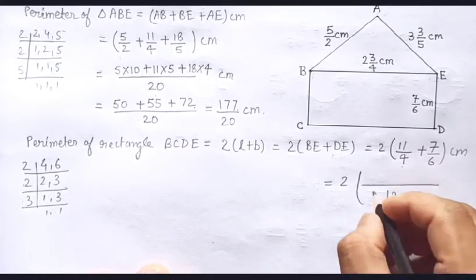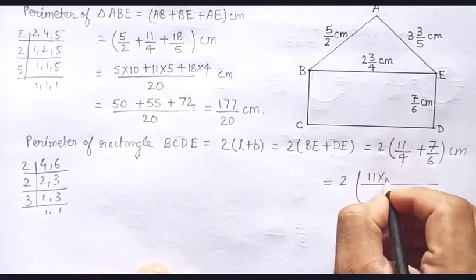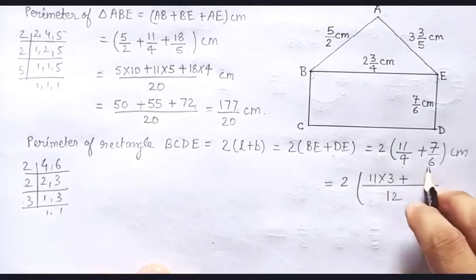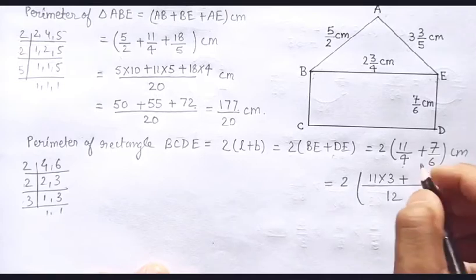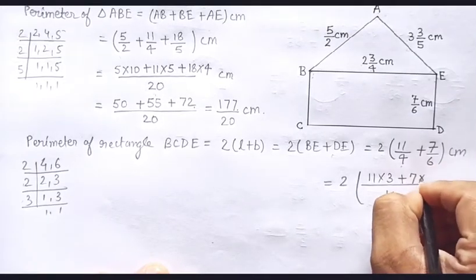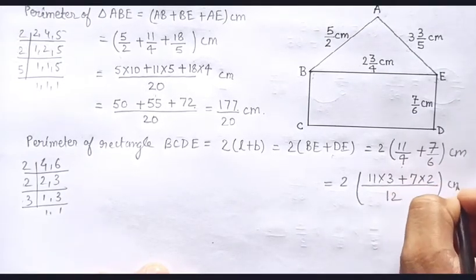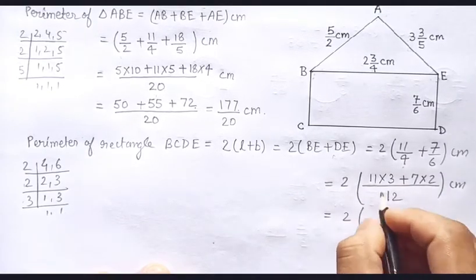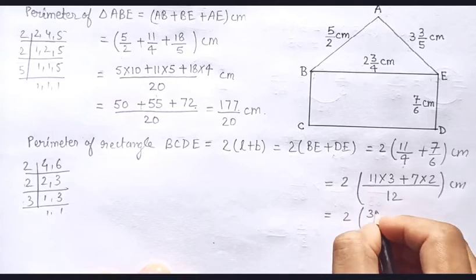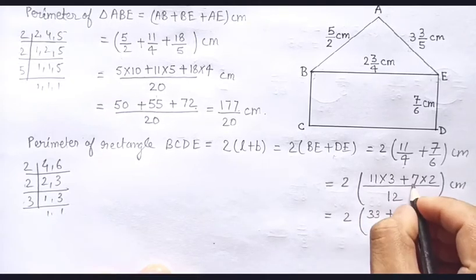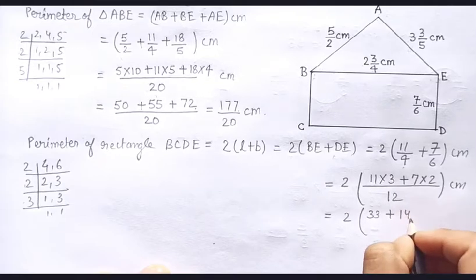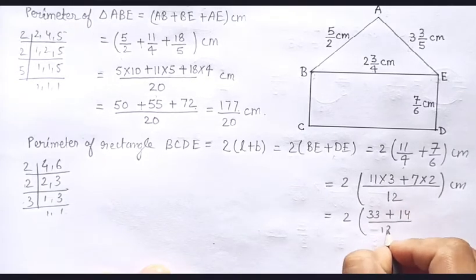quotient of 3. So we can write here 11 into 3 plus, when 12 is divided by 6, then it gives quotient of 2. So we put here 7 into 2. So it comes out to be 2 into 11 into 3, 33, plus 7 into 2, 14, divided by 12.